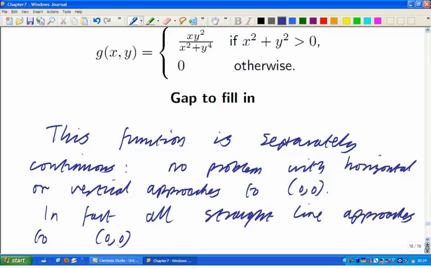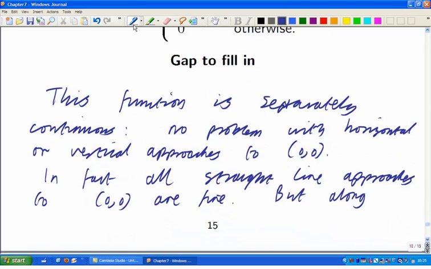So no problem with horizontal or vertical approaches. In fact, all straight line approaches to the origin are fine. But the curve x equals y squared, as he said, gives trouble.